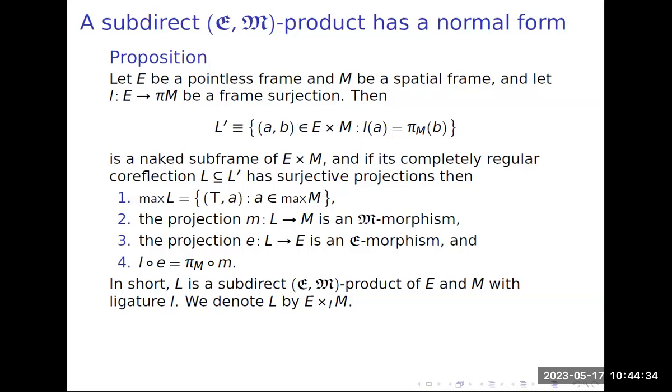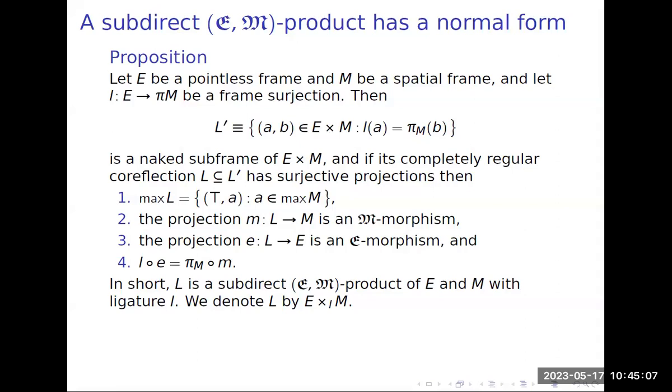But in that case, I can say that the maximal elements are what you would expect them to be: top on the left coordinate, and on the right coordinate, maximal elements of the spatial frame M. After all, the left coordinate is pointless. It has no maximal elements. Okay. The second thing I can tell you is that the projection onto M is one of these M morphisms. So that means that that is the spatial part of L. And projection onto E is one of these E morphisms.